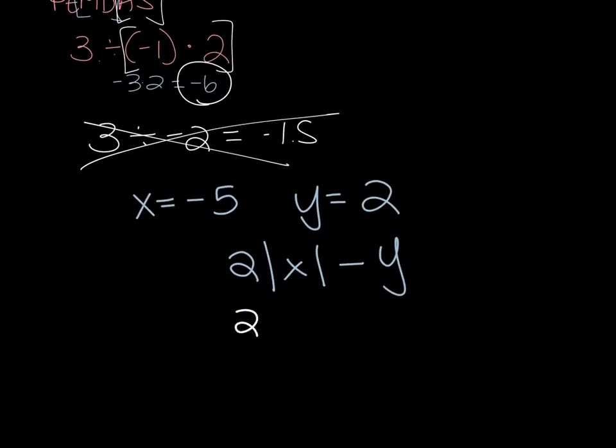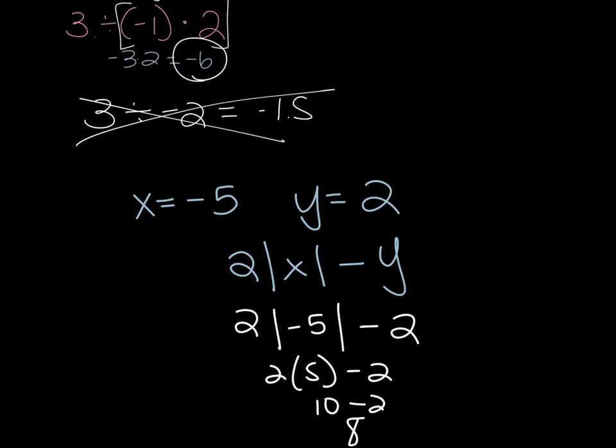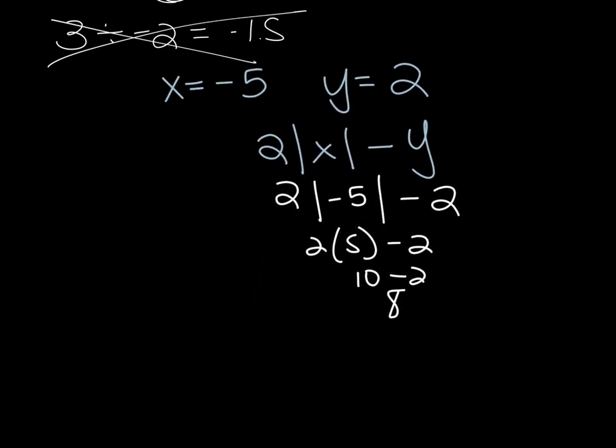So that would be 2, absolute value of -5 minus 2. It's the absolute value of -5, 5, so that becomes 2 times 5 minus 2, or 10 minus 2, which is 8. So those should be relatively simple. Just be careful not to make a mistake.